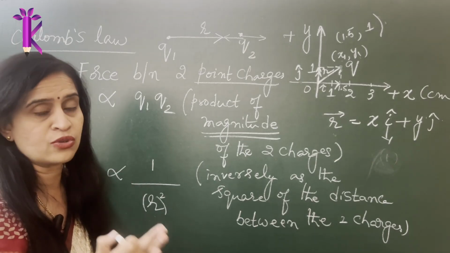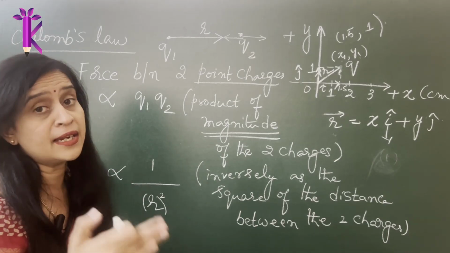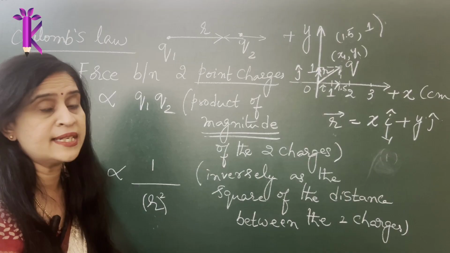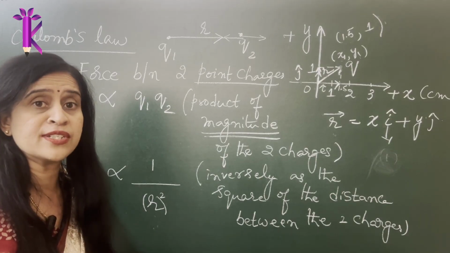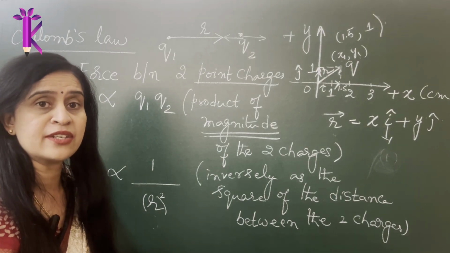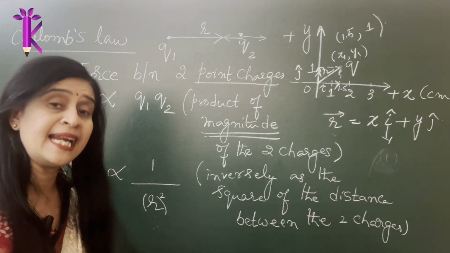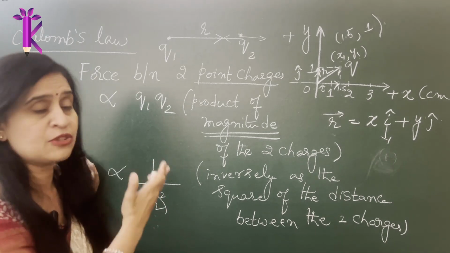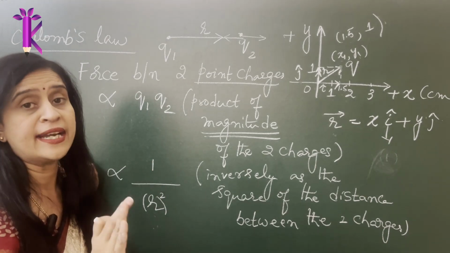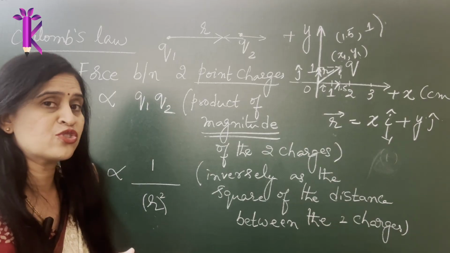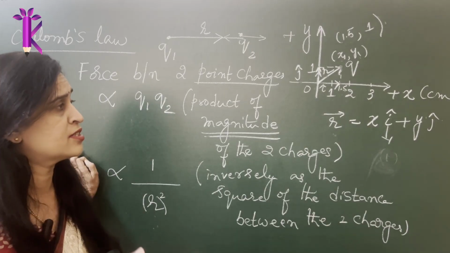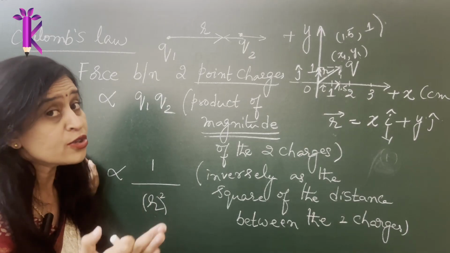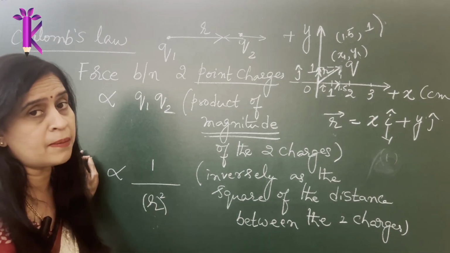Otherwise, you lose marks on your board exams, and even in MCQs, there could be numericals where there are multiple options, same options with different directions. So unless you know how to calculate this direction, especially with vectors, you are going to end up with the wrong answer. So please make sure you are very well versed with directions and magnitude. It looks tough, it is not, trust me, it is all about practice.